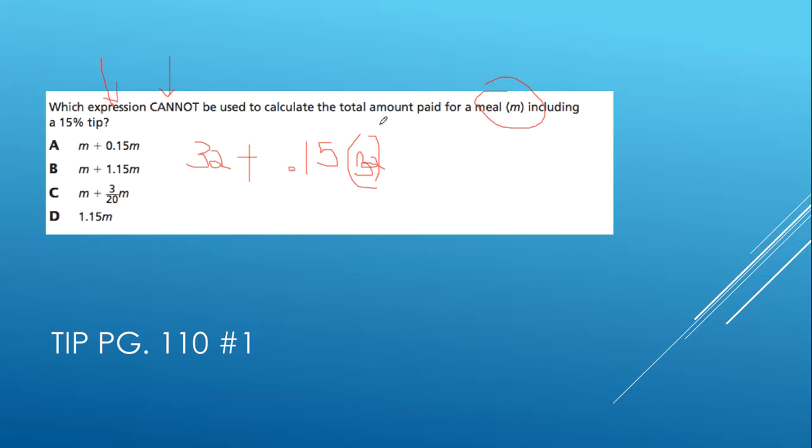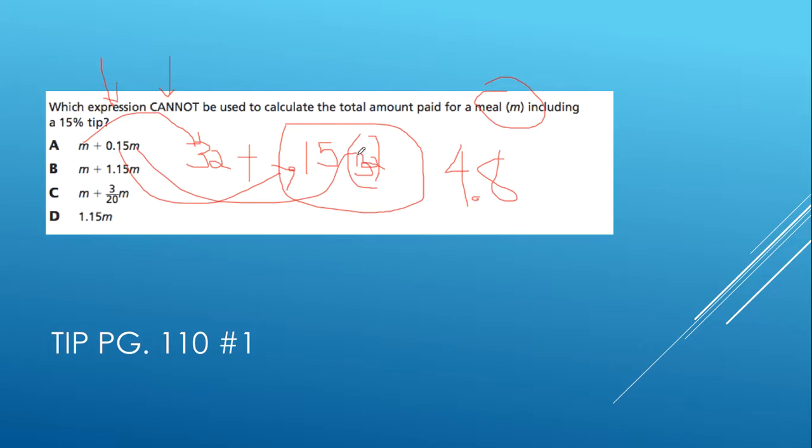And we got that, this part right here, was 4.8. Okay? So if you look at these equations, this is our M, which was 32. Then 0.15 was our percent. And the M again was the 32. So that first one, for sure, we can use it.